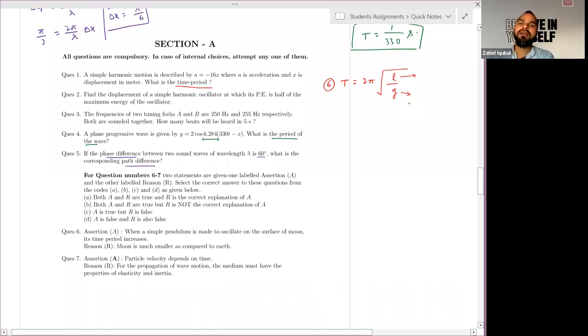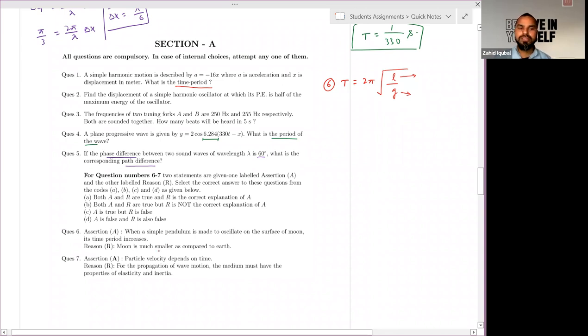As we know, the size of the moon, both in mass as well as radius, is smaller as compared to the Earth. So gravity is 1/6 of that of Earth. So as gravity decreases, time period must increase. So this first statement is correct.